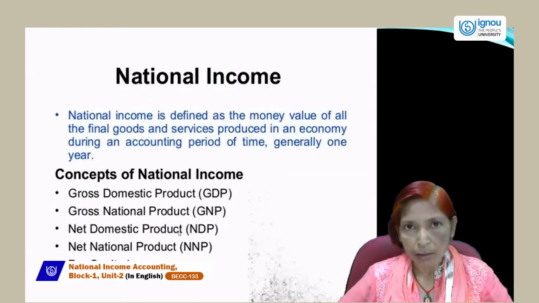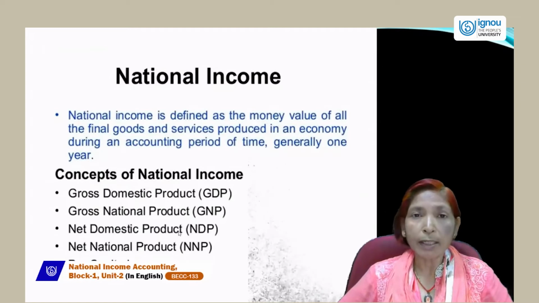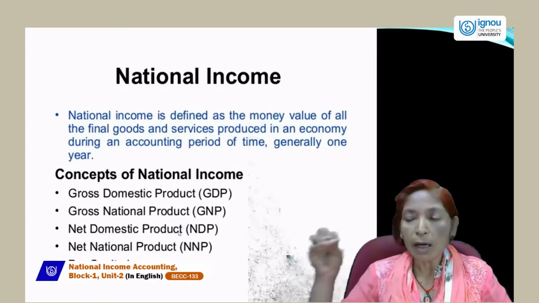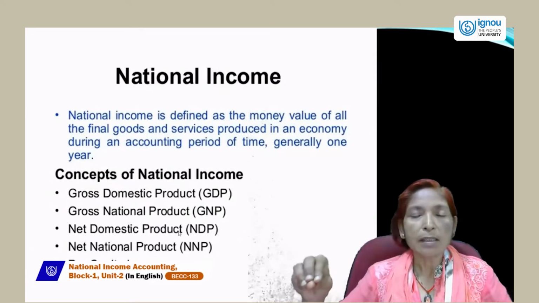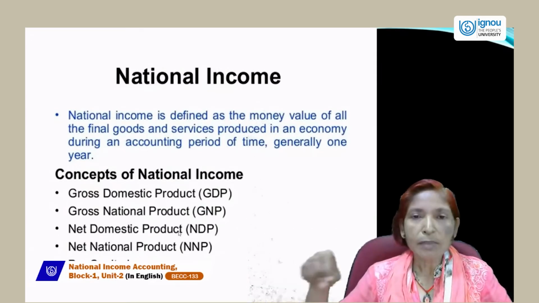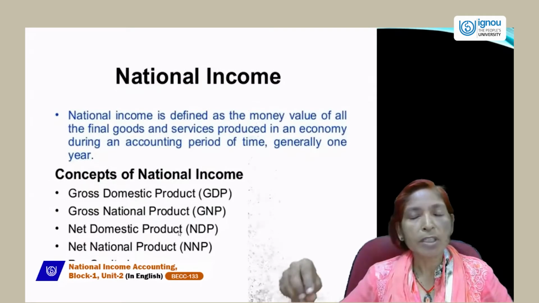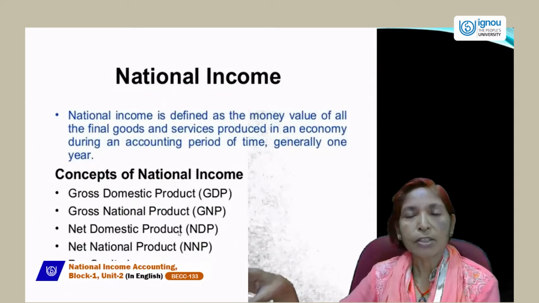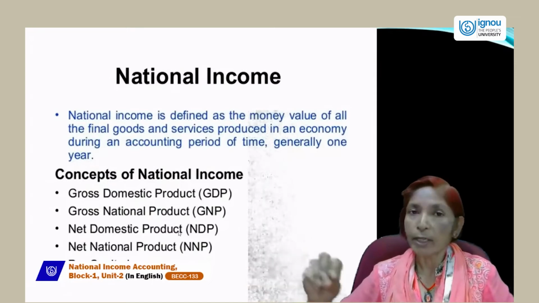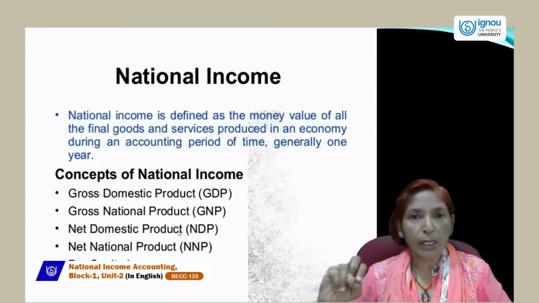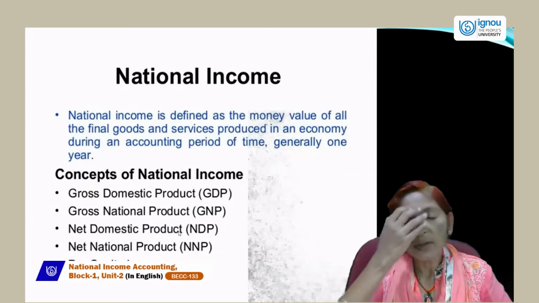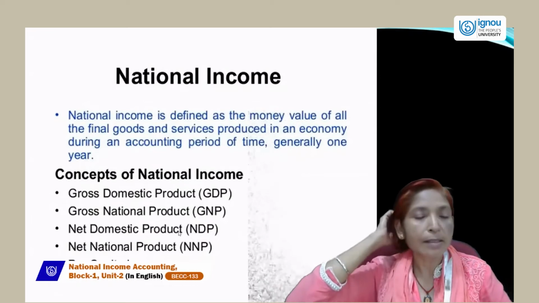The concept related to per day, per month, per year, per hour is known as a flow concept, because a flow concept is related with a period of time, not a point of time, while a stock concept is related with a point of time. So national income is estimated every year. That's why national income is a flow concept.